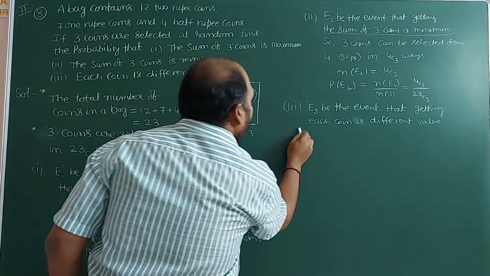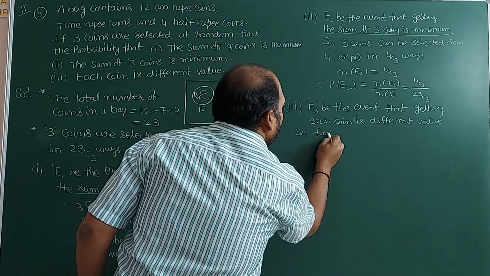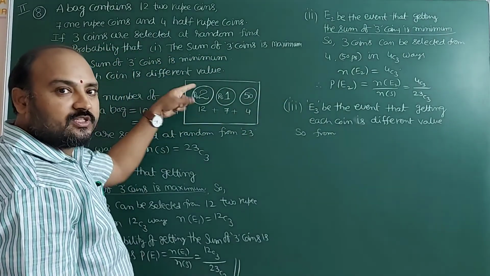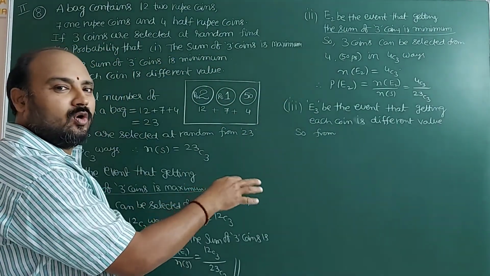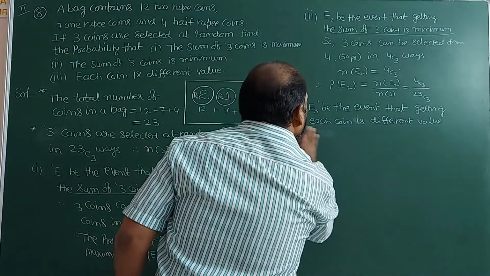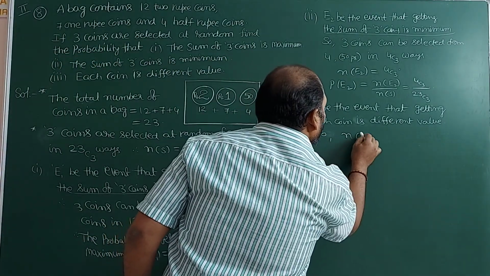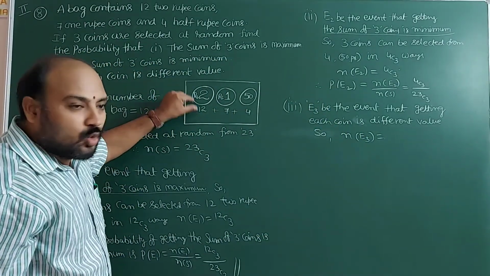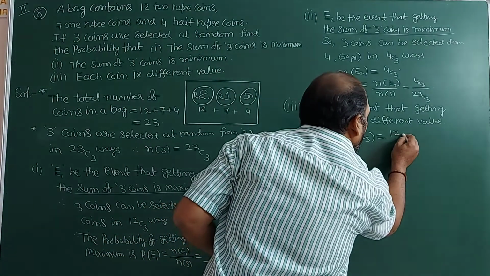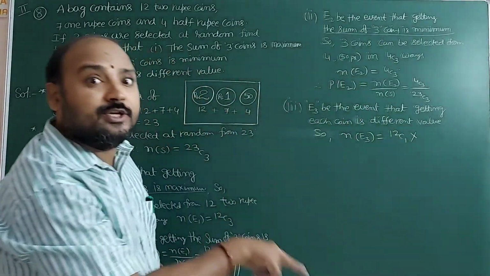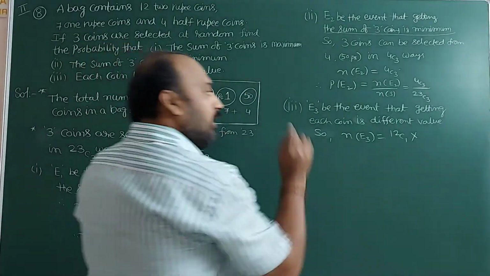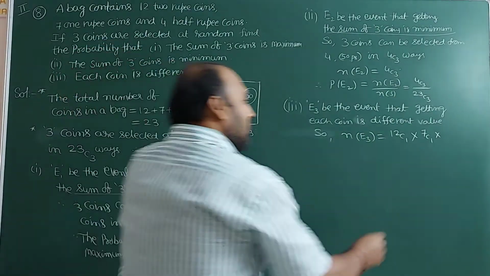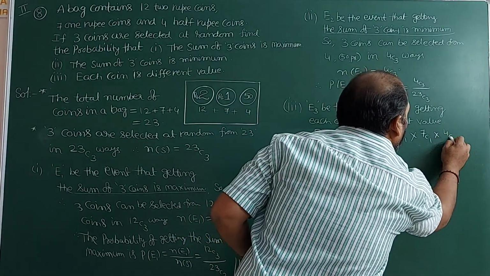So from 12 2-rupee coins 1, instead of writing all, you can write directly n of E3 equal to: from 12 2-rupee coins 1 we can select, 12C1, and from 7 1-rupee coins 1, 7C1, and from 4 50-paise coins 1 we can select, 4C1.